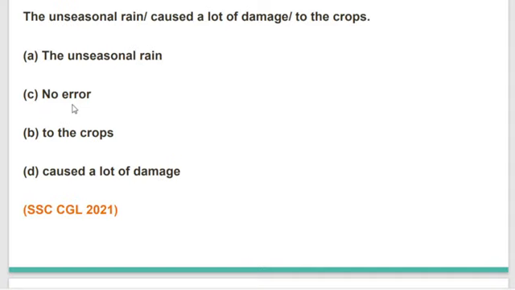To be very precise, the sentence is actually correct grammatically and also literally the sentence is actually correct and without any error. So we have to choose option C, that is no error. The sentence is grammatically absolutely correct.